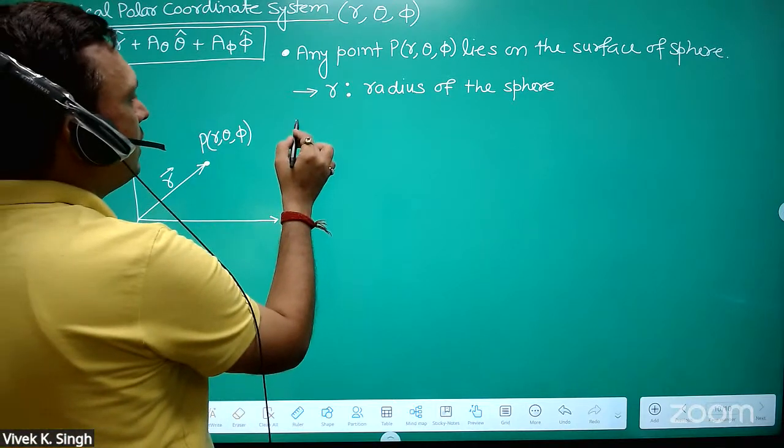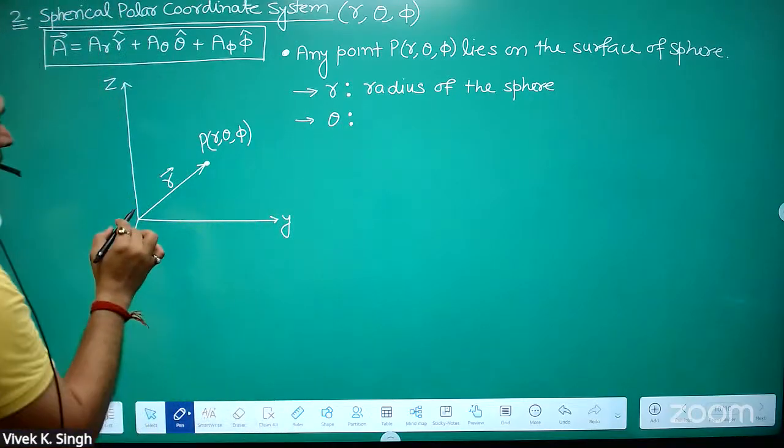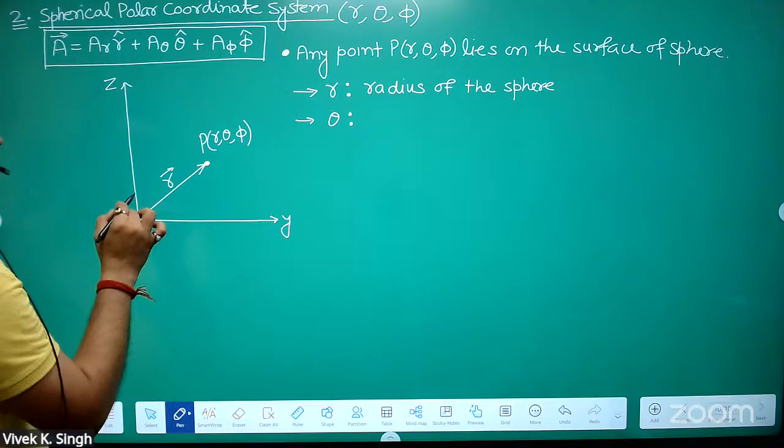Now what is theta? Theta is this angle, the angle made by the radius vector with the z axis.